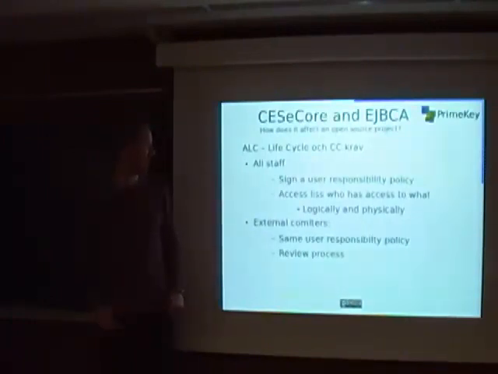All staff and external committers had to sign a user responsibility policy. We have to have access lists of who has access to our repository, both logically and physically. For external committers, we use the same user responsibility policy, and we have a review process, code review.